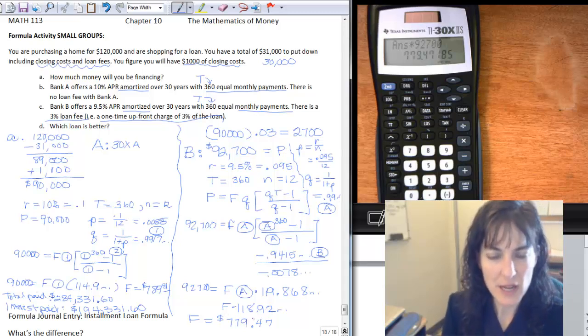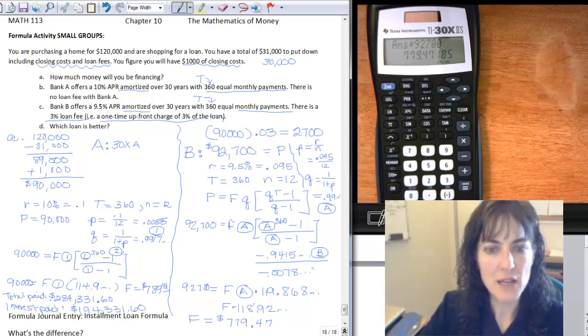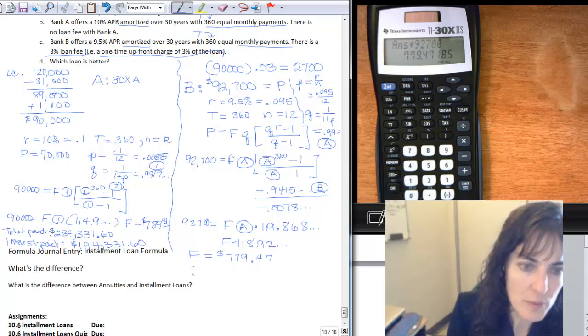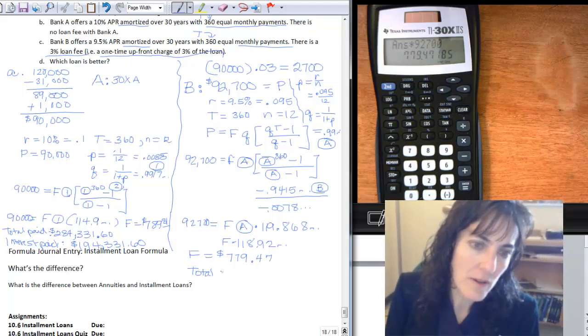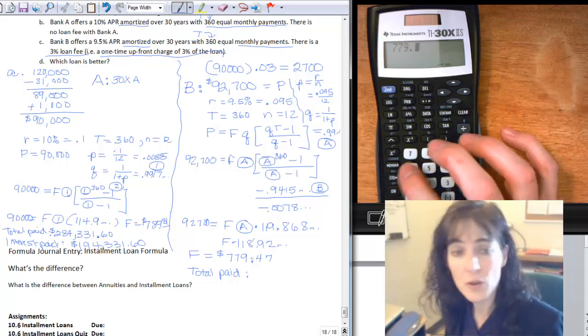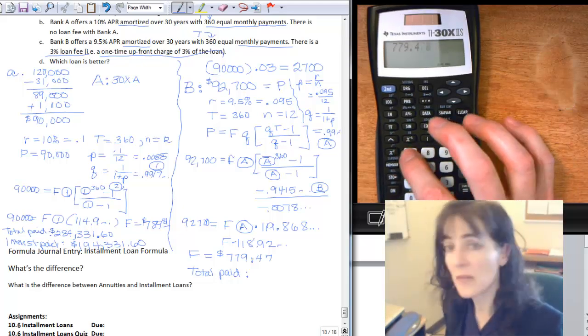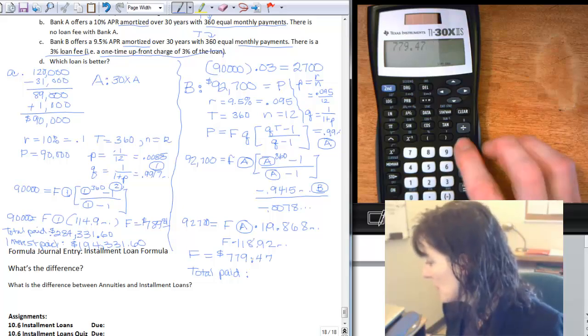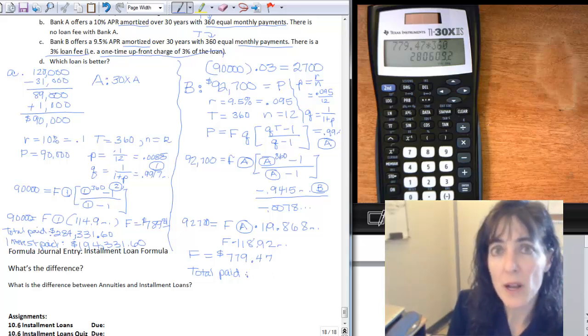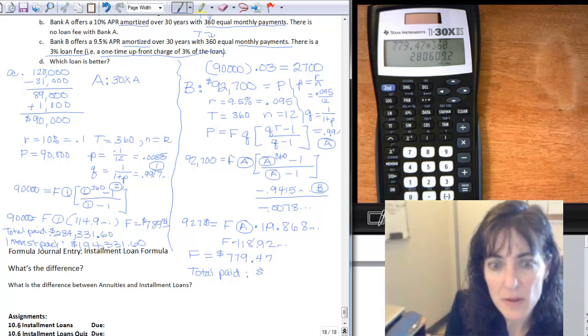And then to find out the total amount that I paid, I'll write it right here. Total paid, that's going to be, I'll type it in again, 779.47 times 360 equals, that gives me the total amount that I paid over the 360 payments, so it's 280,609.20.